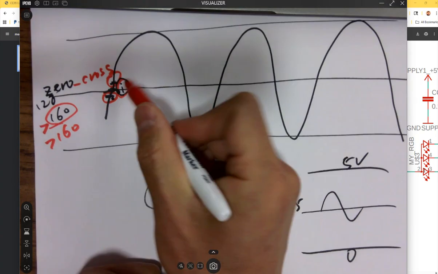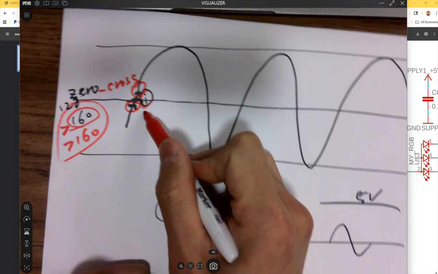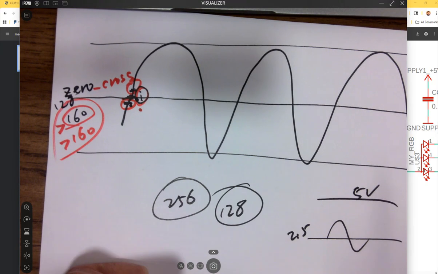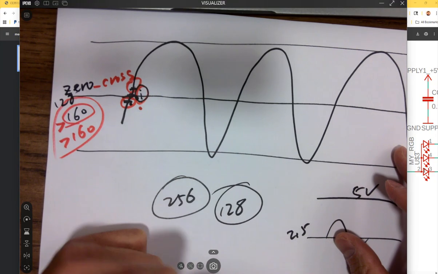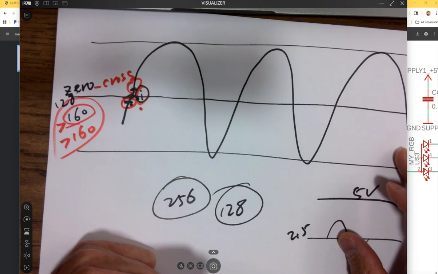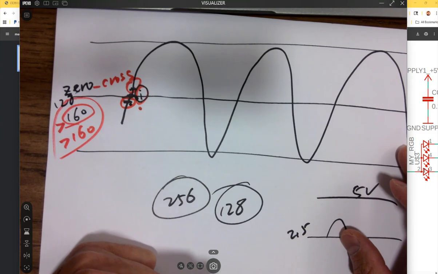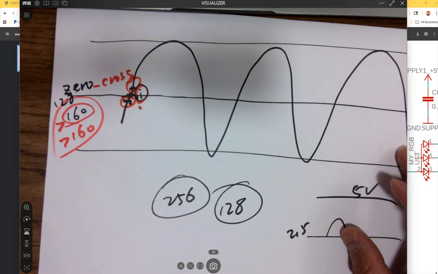Okay, so you can detect it. If it satisfies this condition, it detects a zero cross. So if you have 3 zero crosses, how many periods do you have in the signal? If you have 3 zero crosses, how many periods do you have over there?